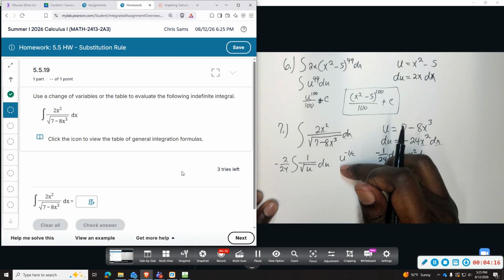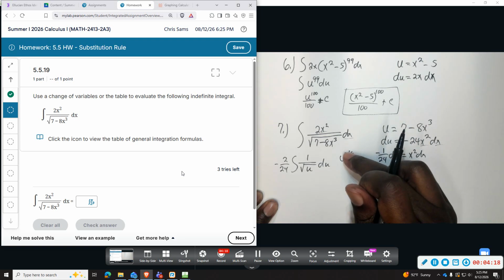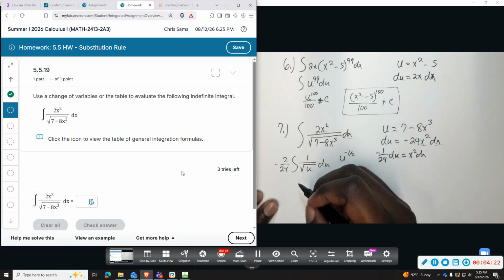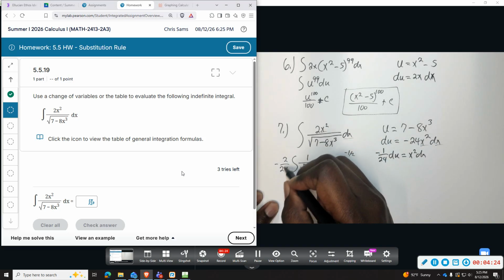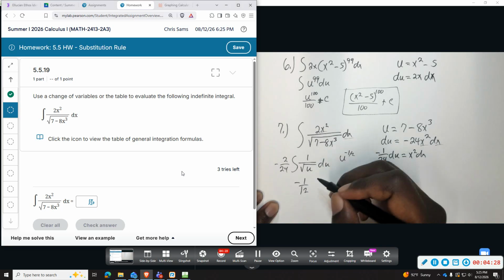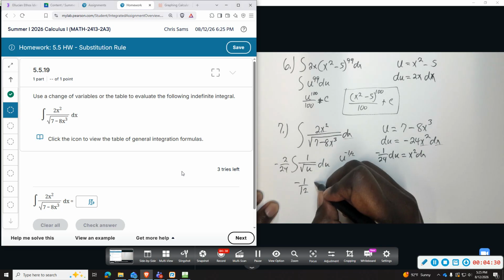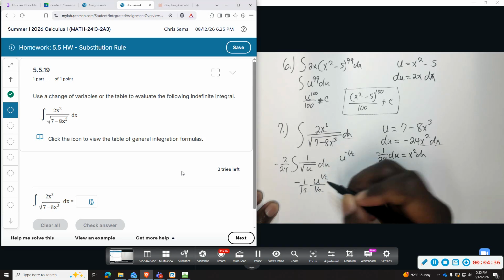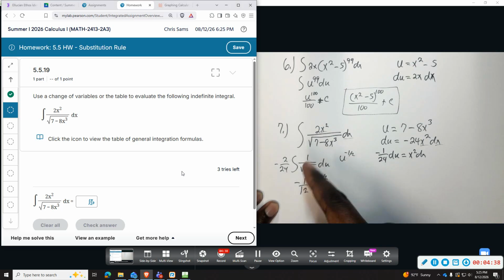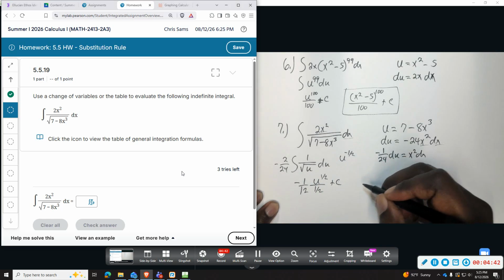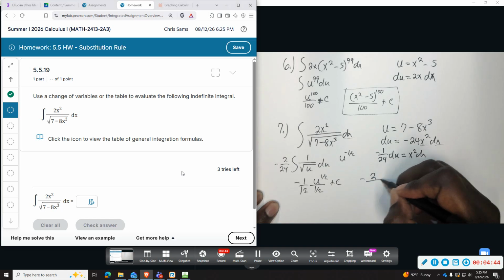And when I do the power rule, add 1, so add a half to negative a half, it'll give me a half, and divide by a half. So reduce that, it will be a negative 1 over 12, and then it'll be u to the 1/2 divided by a half. So you'll keep, change, flip that half, and it'll be a 2. So we are looking at negative 2 over 12.